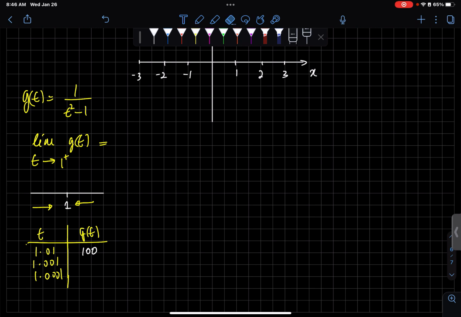Okay, sorry, we need to square this, right? So it's 1.01 squared minus 1, and then 1 over that answer is approximately 50.